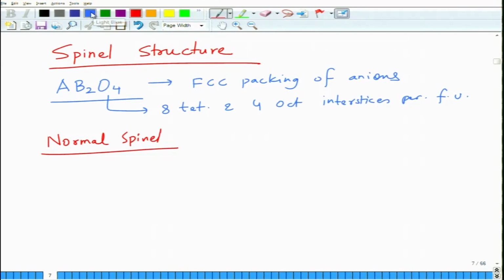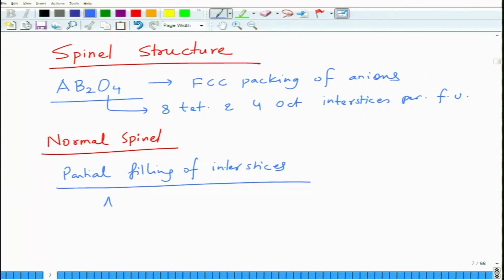In case of normal spinel structure, you have partial filling of interstices. All the A atoms go to tetrahedral sites and all the B atoms go to octahedral sites.